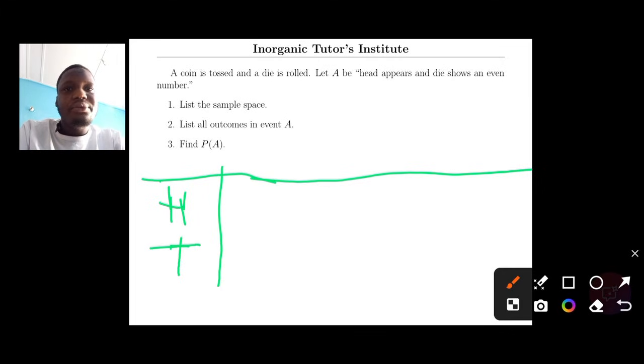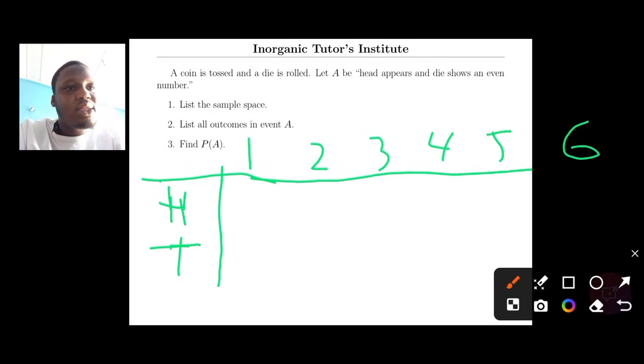Now you have the outcomes for the roll of the die here: 1, 2, 3, 4, 5 or 6.